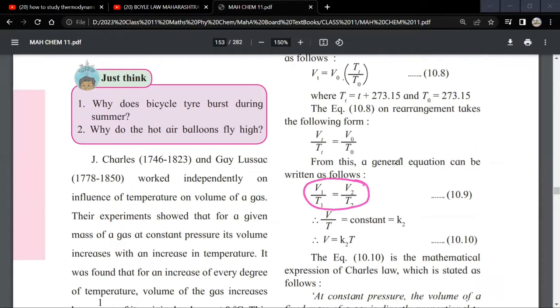What is V1 and T1? This would be state 1, this would be state 2. So this would be V1, this would be T1, and this would be V2, T2. And the relation is that V upon T is always constant. Are we clear, Avantika? See, don't get confused about this V1, T1 part. It is pretty simple.